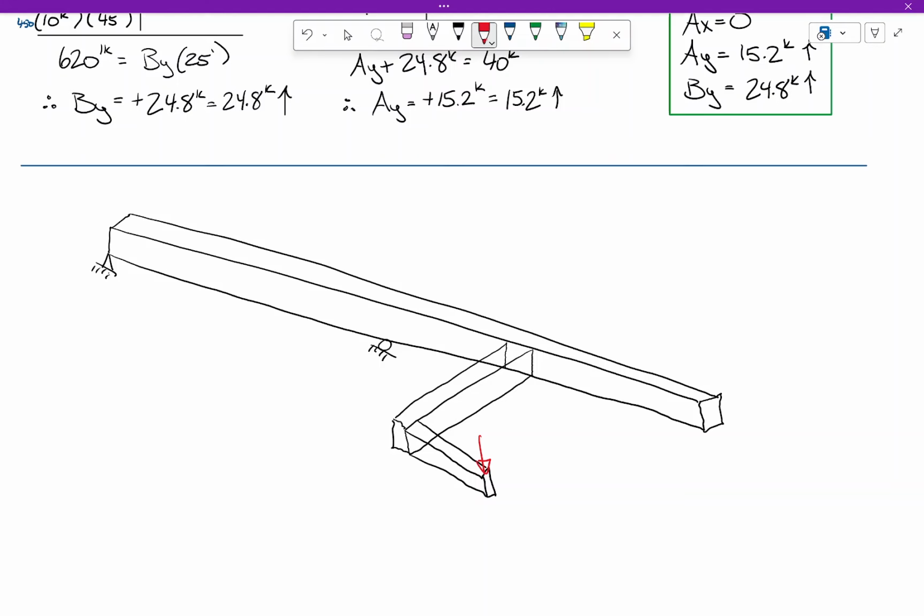What would that do right there? It would twist it, you know what I mean? That point would experience a twist. Now, it's a good question and you're raising a really good point, so I want to say two things. Number one, even if a concentrated moment inside a structure seems like a structural rarity in the real world, we do still need to be able to handle it as an analytical tool for later, okay?